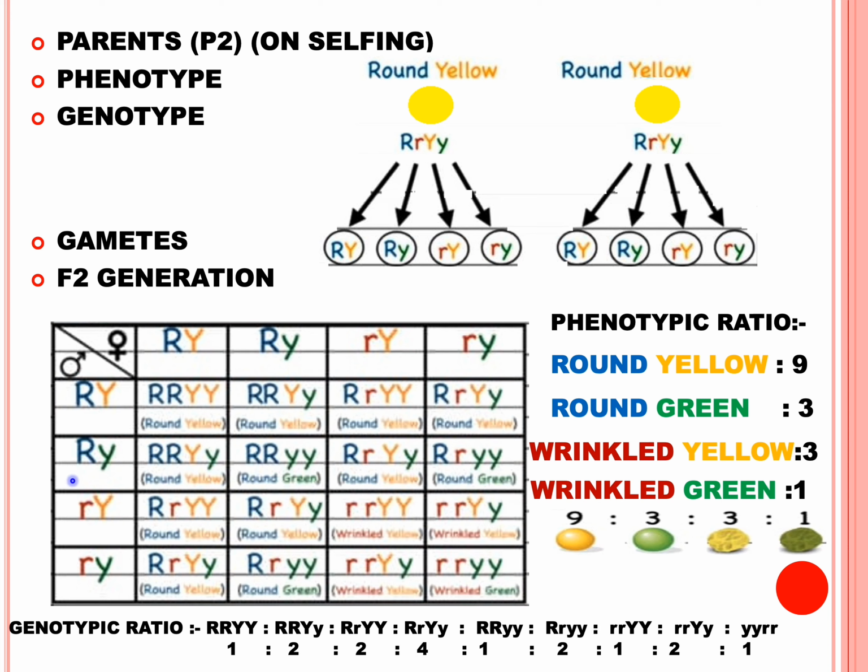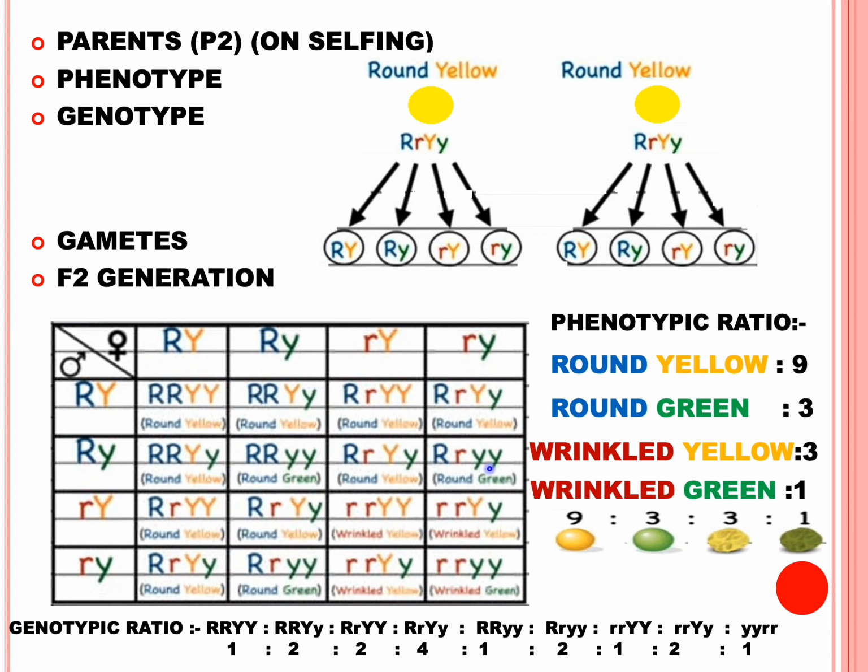Then again, if this capital R, capital Y male gamete fuses with the female gamete having small r, capital Y, then the combination of genotype would be capital R, small r, capital Y, capital Y, and the phenotype would be round and yellow.